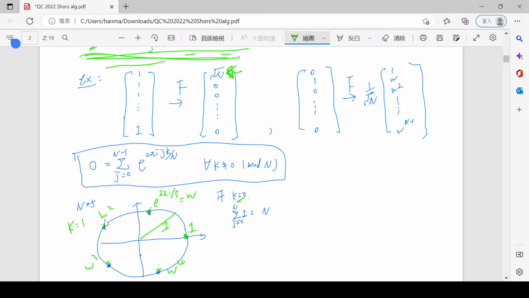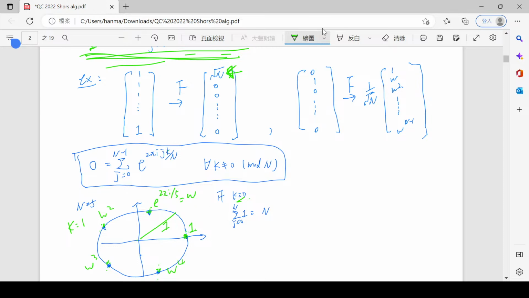So by some symmetry, or you can do a series calculation, when you add together those 5 complex numbers, it will become 0 because they are equally spaced out on the circle. And you can feel that the same argument should go for any n. Any n equally spaced points on the circle will have a summation equal to 0.